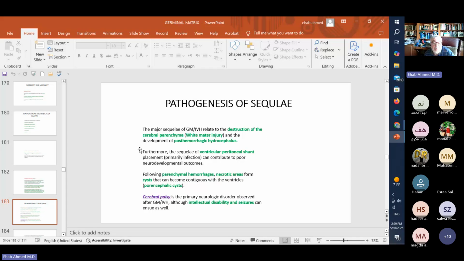Destruction of the cerebral parenchyma, white matter, or post-hemorrhagic hydrocephalus, or complications of the shunt, as we mentioned, parenchymal hemorrhage, necrotic areas that form cyst or porencephalic cyst, and interfere with intellectual disabilities and seizures. Okay?